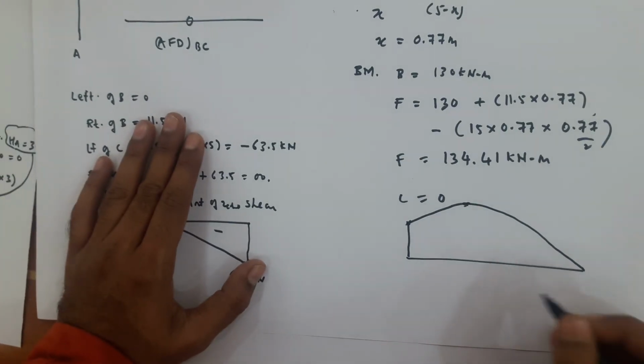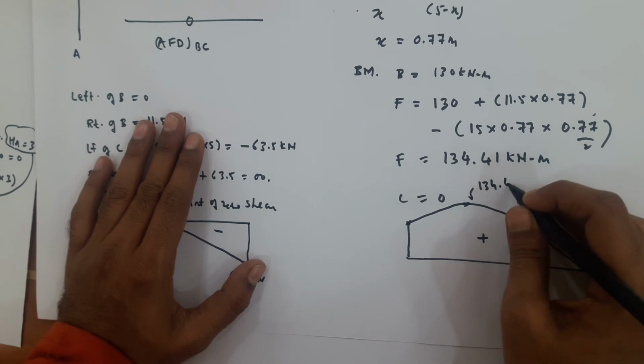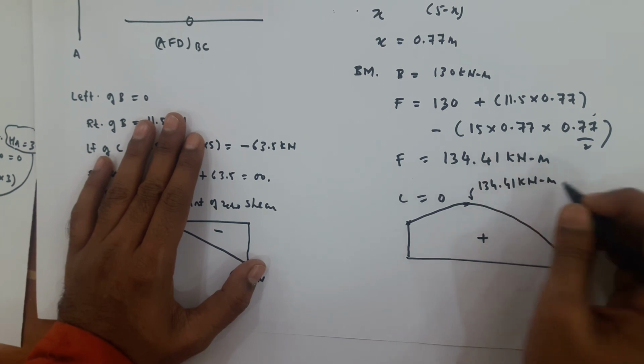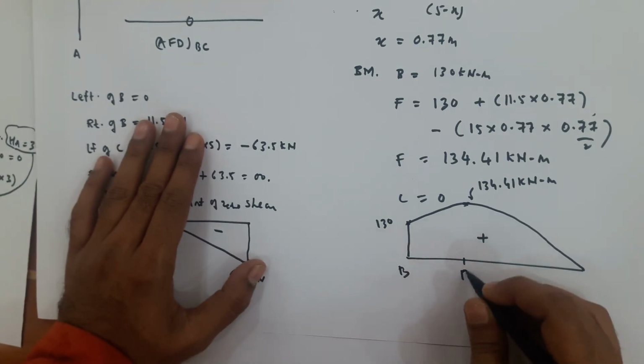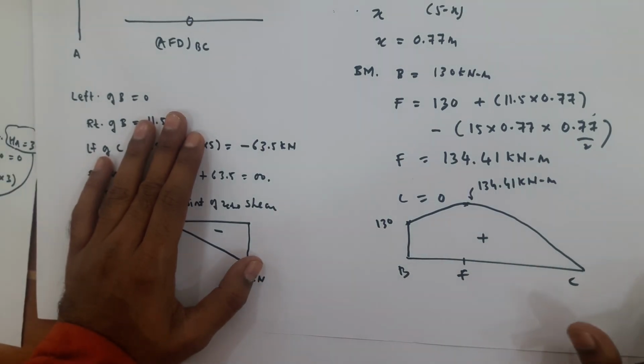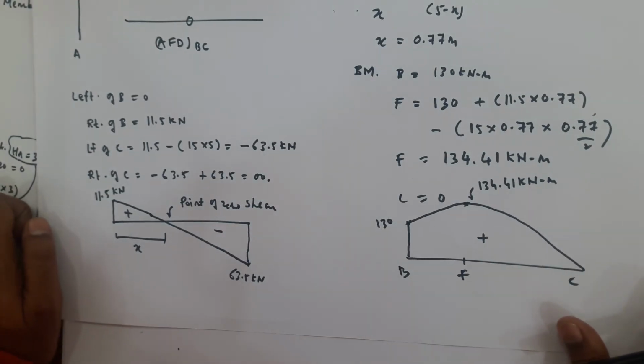The variation will be parabolic. This is 134.41 kilonewton meter. This is 130 kilonewton meter. B, F, C. Now we shall switch over to the analysis of the last member, that is member CD.